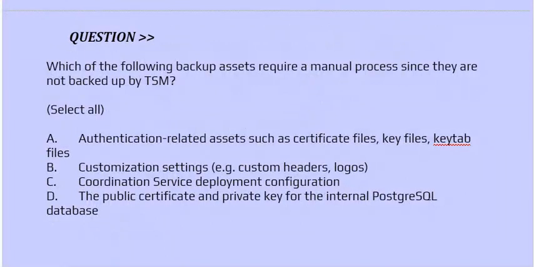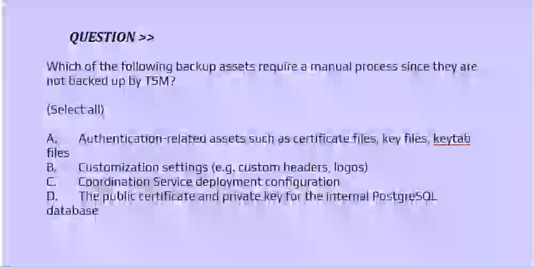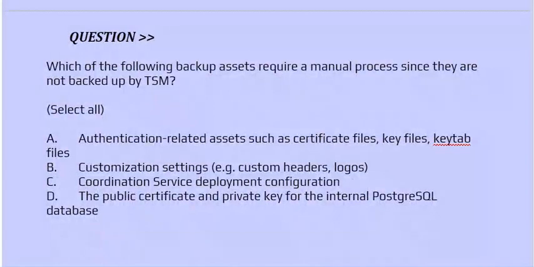Next question is, which of the following backup assets require a manual process since they are not backed up by TSM? Select all. Option A. Authentication related assets such as certificate files, keytab files.